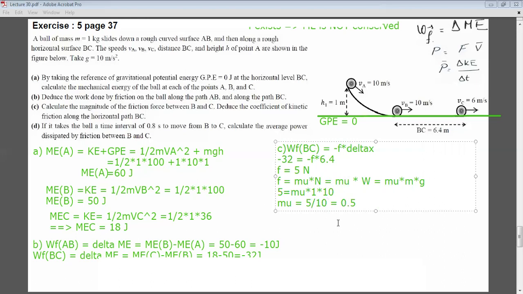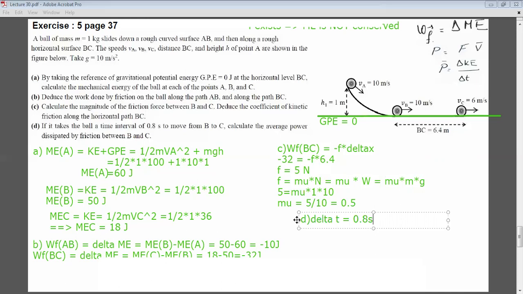Okay, deduce. Now part D, finally, the last part. If it takes the ball a time interval of 0.8 seconds, so delta T equals 0.8 seconds, to move from point B to point C, calculate the average power dissipated by friction.